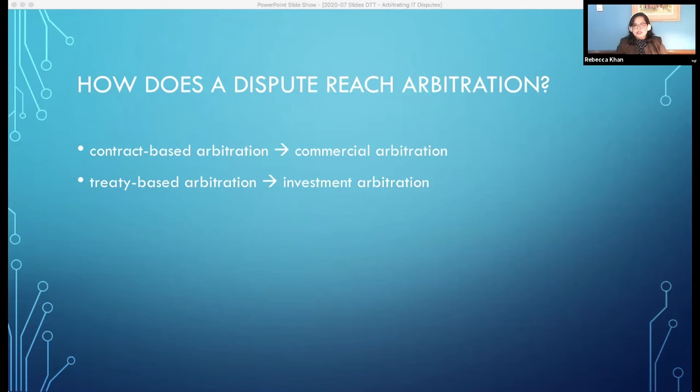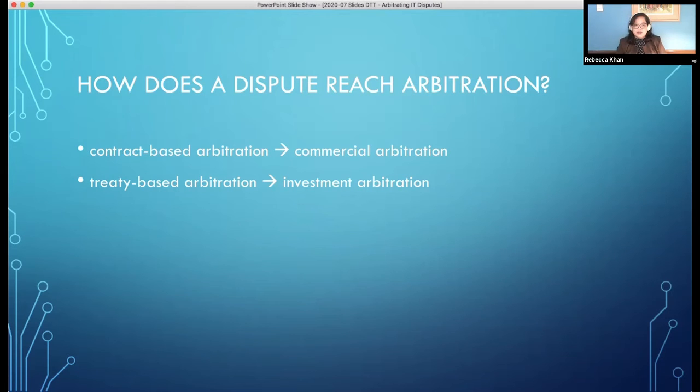So in treaty-based arbitration, the government is always the respondent, and the foreign investor is the one initiating the claim. In contract-based arbitration, it could be either of the parties. Any party who feels the terms of the contract are not being met, that there's a breach of contract, can initiate arbitration.